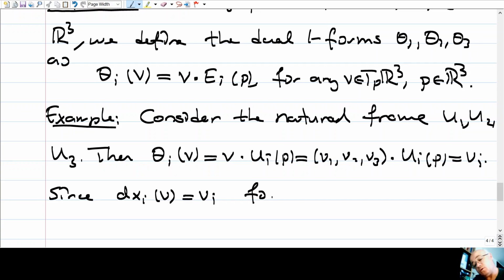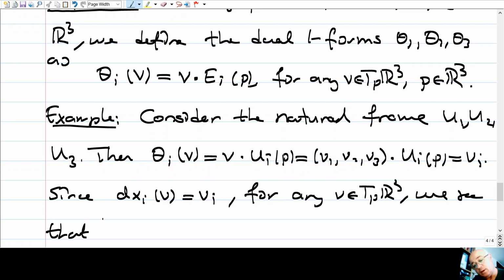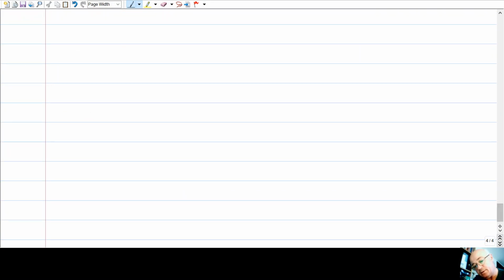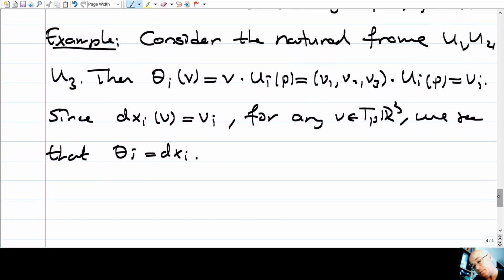For any v, we see that theta i is nothing but dxi. Okay. All right. So dxi is just the dual one form for the standard frame field or natural frame field.